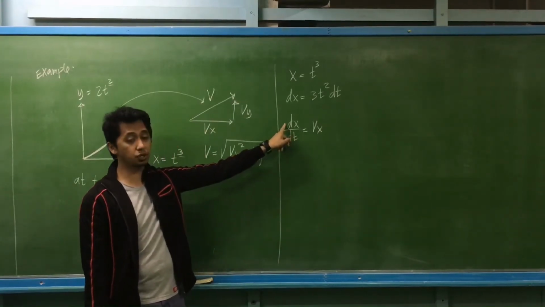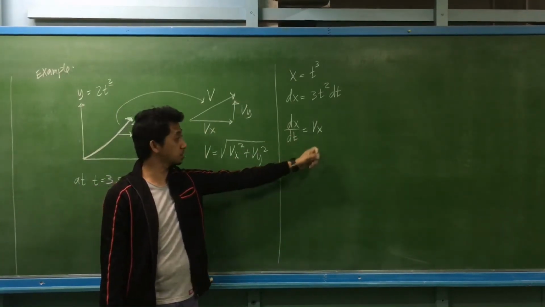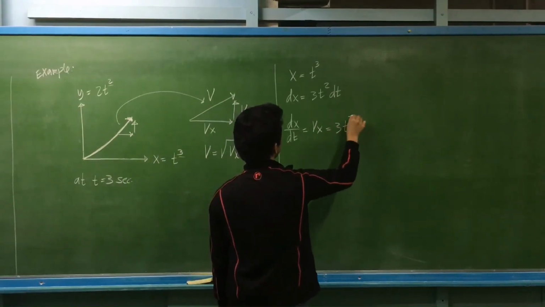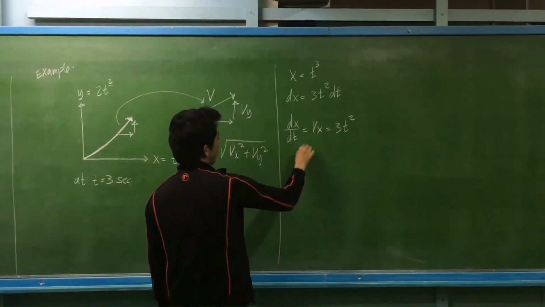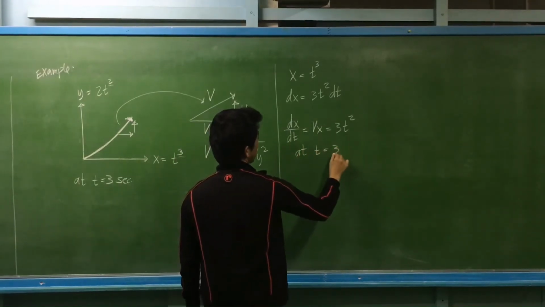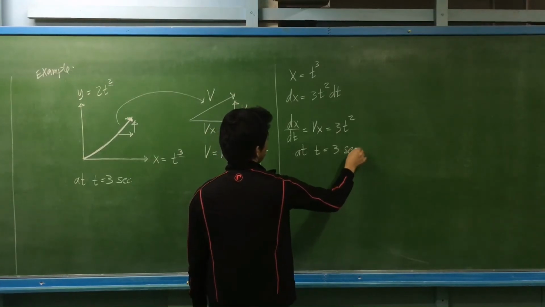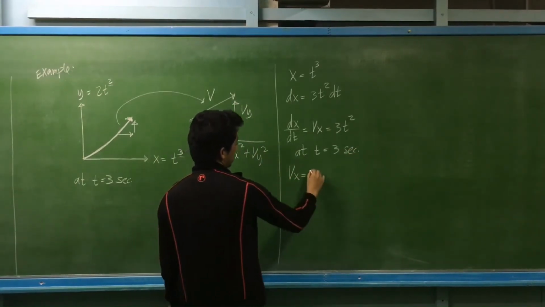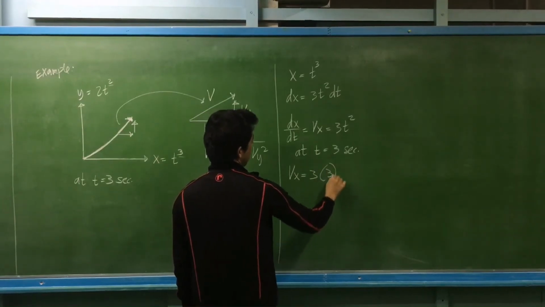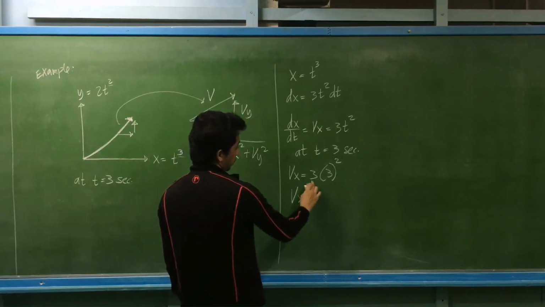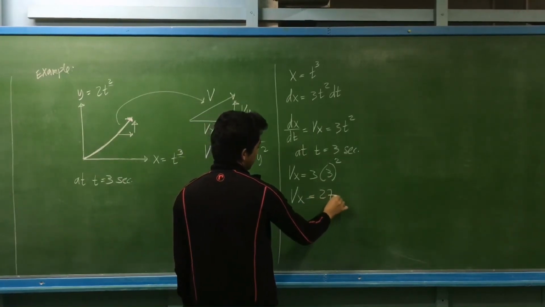The change in position along x with respect to time, the velocity along x, is now equal to 3 times t squared. We are to evaluate at the given time, t equal to 3 seconds, so we substitute. The velocity along x is now equal to 3 times 3 squared, which is equal to 27.